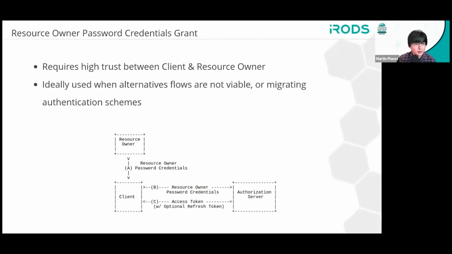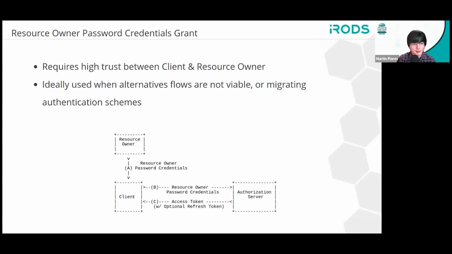So onto the resource owner password credential grant. This particular grant does require a high degree of trust between the client and resource owner. Reason for this is you are providing the resource owner credentials directly to the client, which then forwards it to the authorization server. So you do need to be careful with how you manage the actual credentials there.